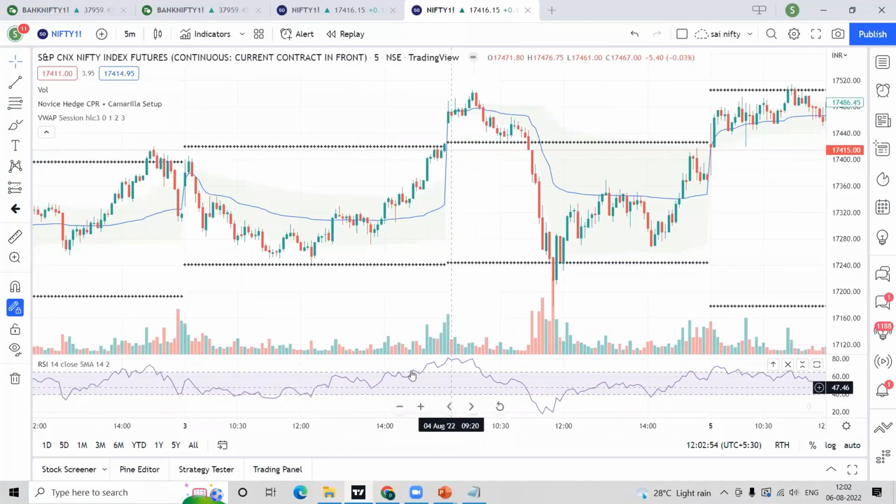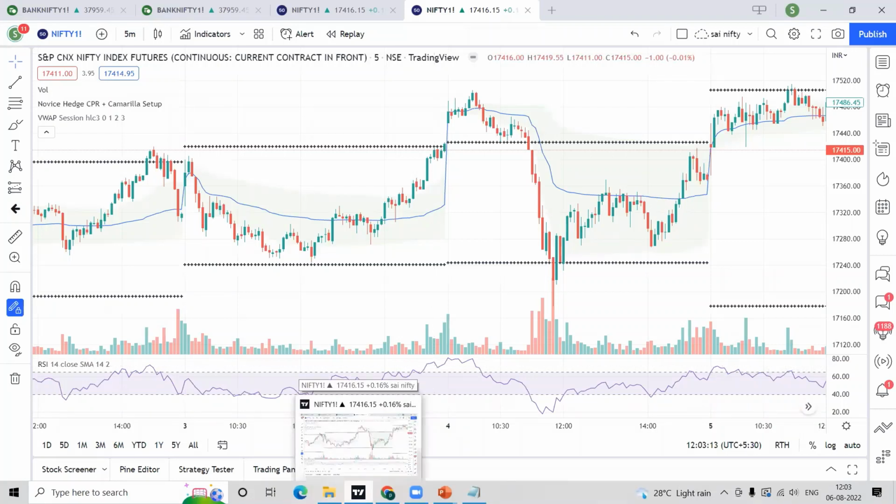Whenever the 5 minutes RSI, 14 period, is above 65, momentum is huge, so it is hard to go against the momentum. That's why I am going to use RSI, VWAP, and previous day high and low.